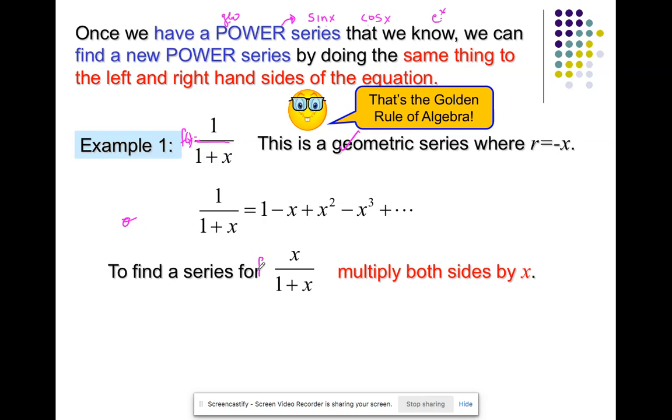What if I give you this function though? Called g of x. Notice that it's the same function except I multiplied it. G of x really is x times f of x. So multiply f of x by x. That's just distribution.